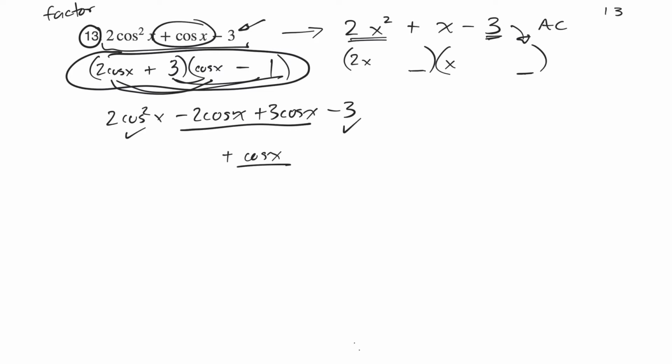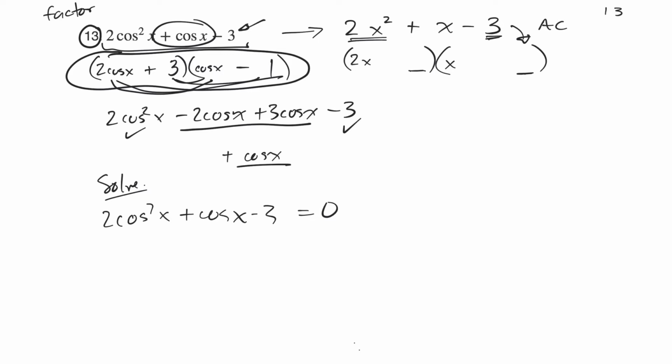Okay, so you can do factoring with trig stuff too. It'd be cool if that question was 2 cos squared x plus cos x minus 3 equals 0, and you were asked to solve that. That'd be a good question.